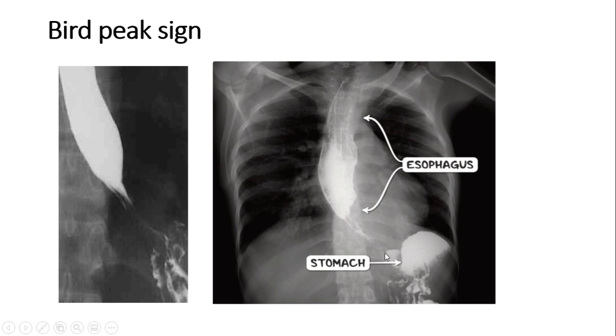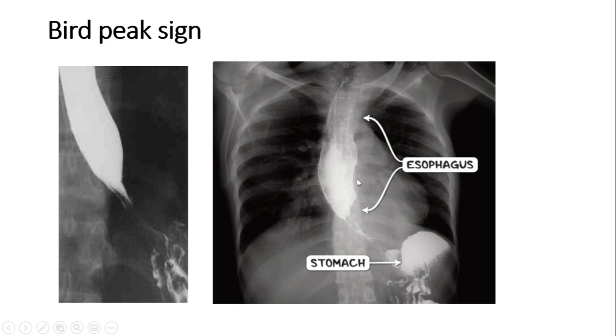This is the stomach and this is the esophagus, and there is a sudden tapering or narrowing of the lumen related to failure of relaxation and aperistaltic movement, associated with upper esophageal dilatation above the stenotic segment and severe narrowing here.